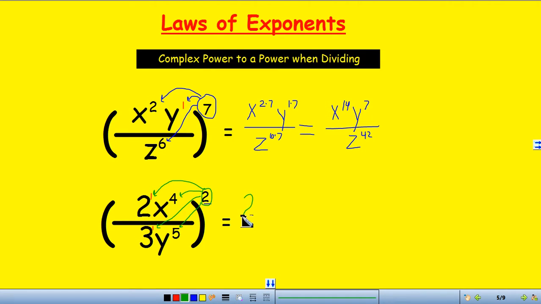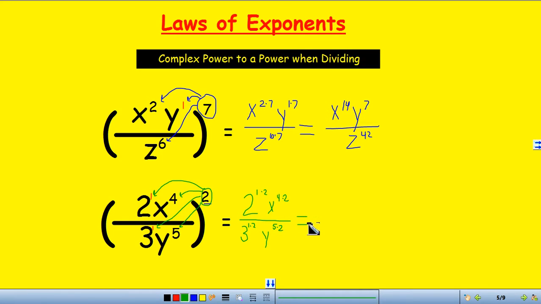So we have 2 raised to the power of 1 times 2, times x raised to the power of 4 times 2. And that is all divided by 3 raised to the power of 1 times 2, times y raised to the power of 5 times 2.